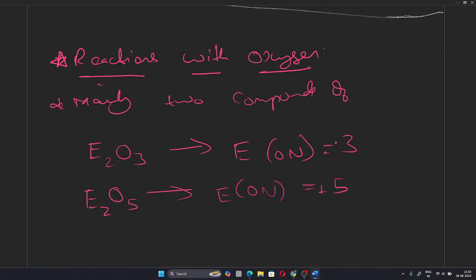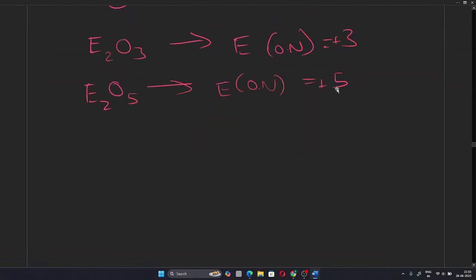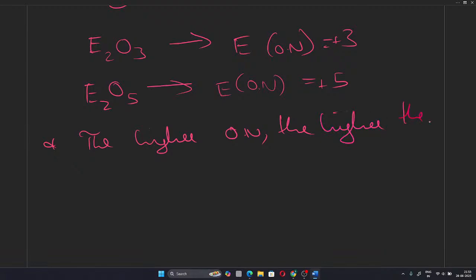Basically the higher the oxidation number, the higher the acidity, as lower oxidation number or state is preferred.